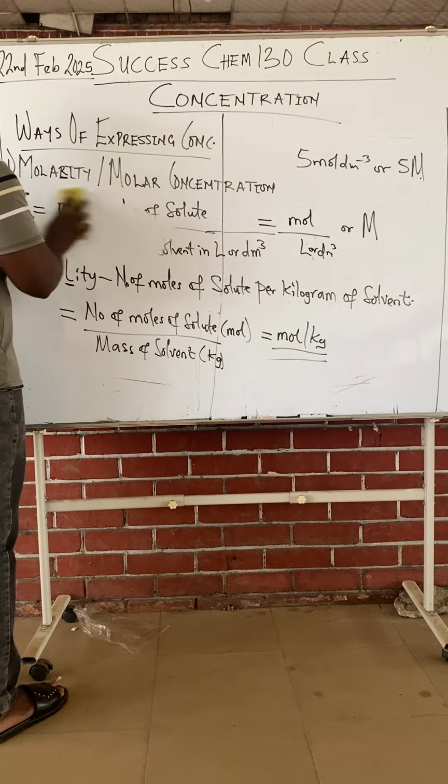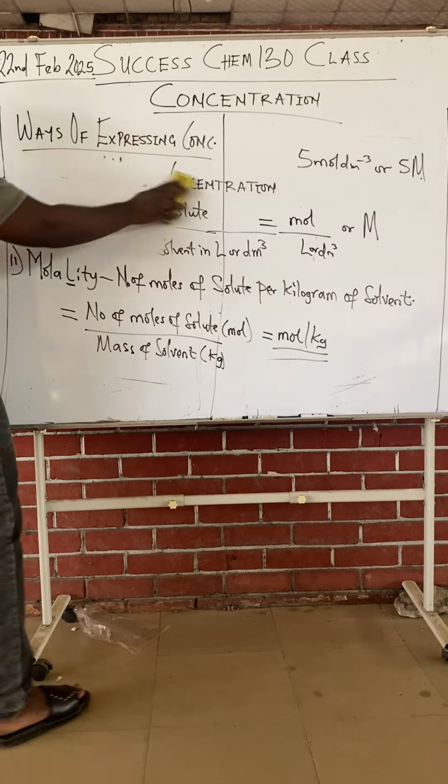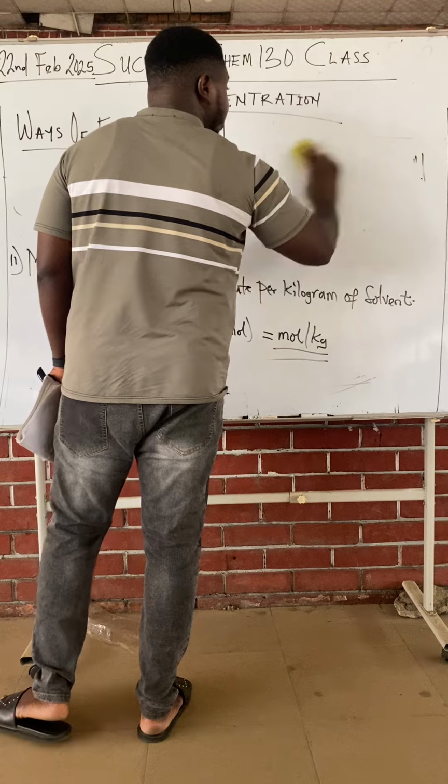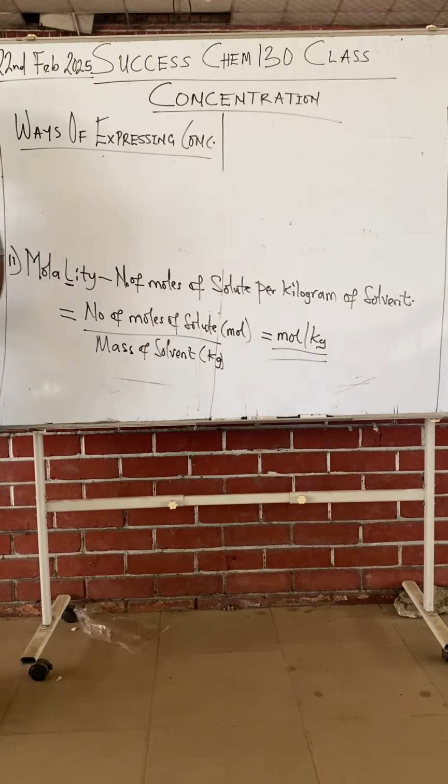We have the third way of expressing concentration, which is mass concentration, also called PPT concentration. That's concentration in PPT. PPT means parts per thousand.